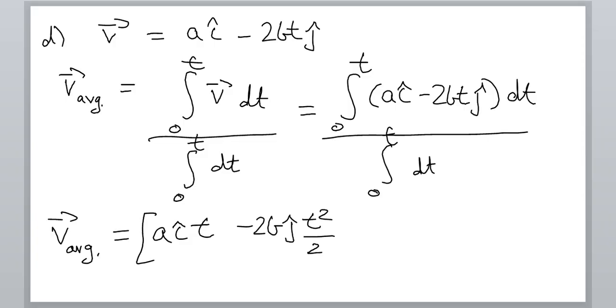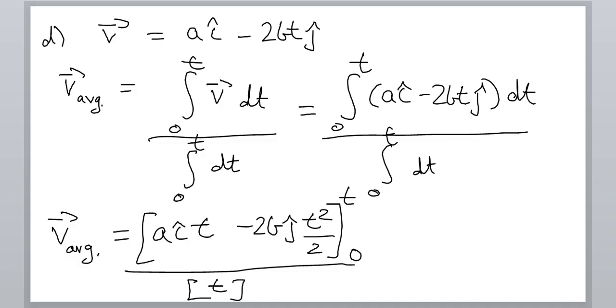We need to apply the limits also. The upper limit is t, the lower limit is 0. This whole divided by the integration of dt, which will simply be t, with upper limit t and lower limit 0. You see from here this 2 will cancel out with this 2.